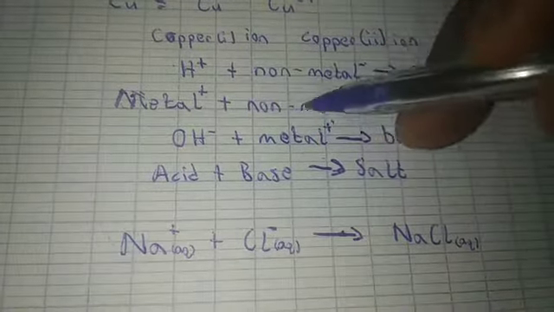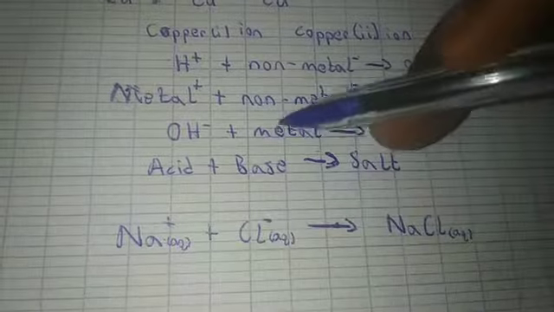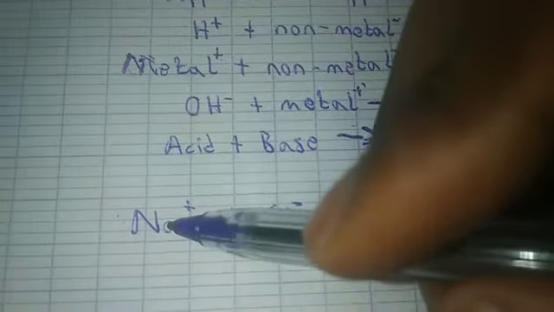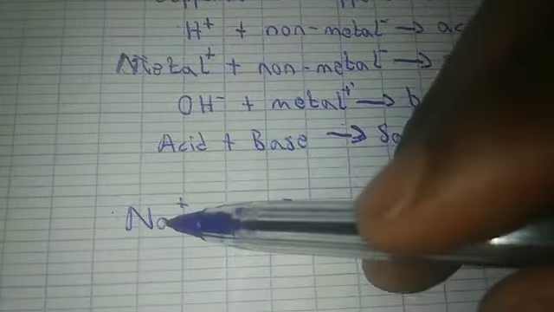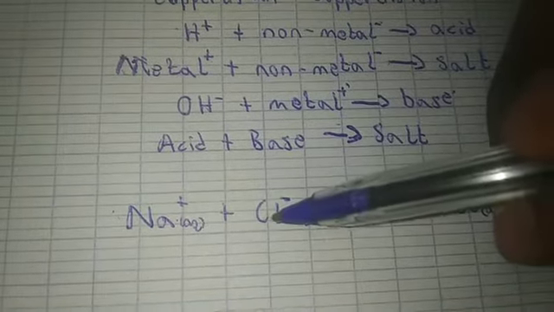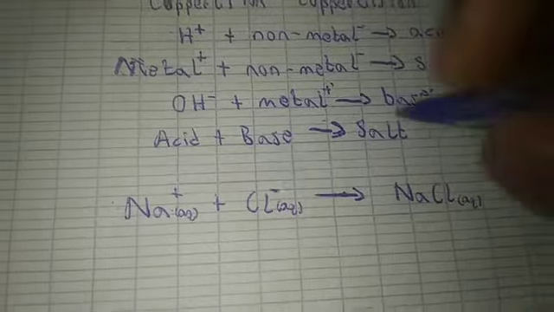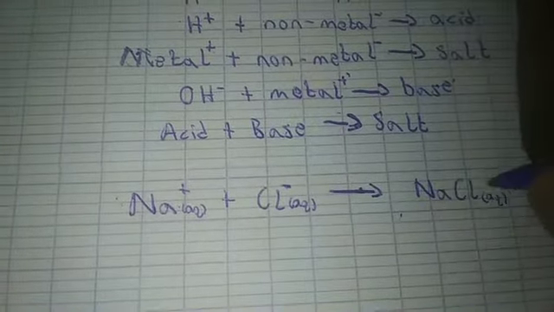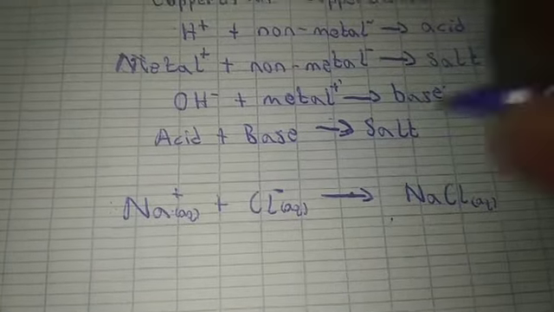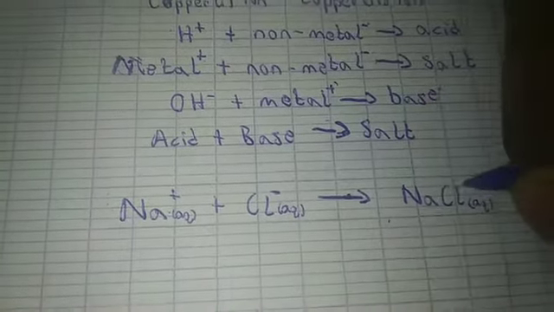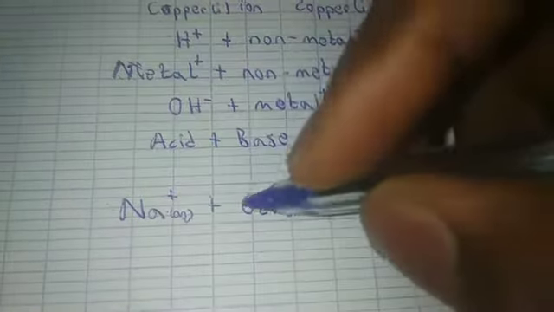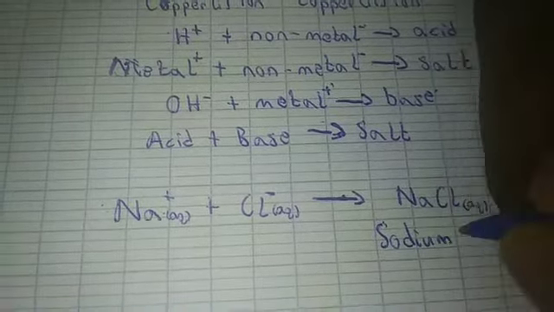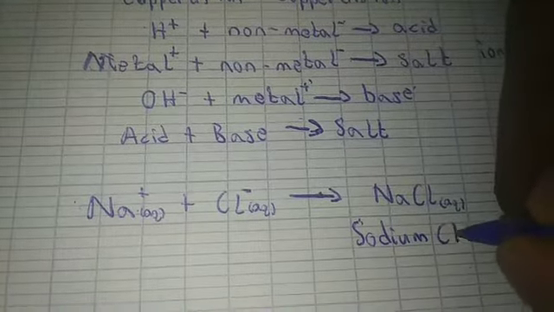So this is the very first one here: a metal like sodium and a non-metal give us a salt. We know the name of this sodium ion, and this is the chloride. The name is pretty easy, no? By the rules of chemistry, to name this, you just take the name of this and the name of this and concatenate them, which means this will be sodium chloride.